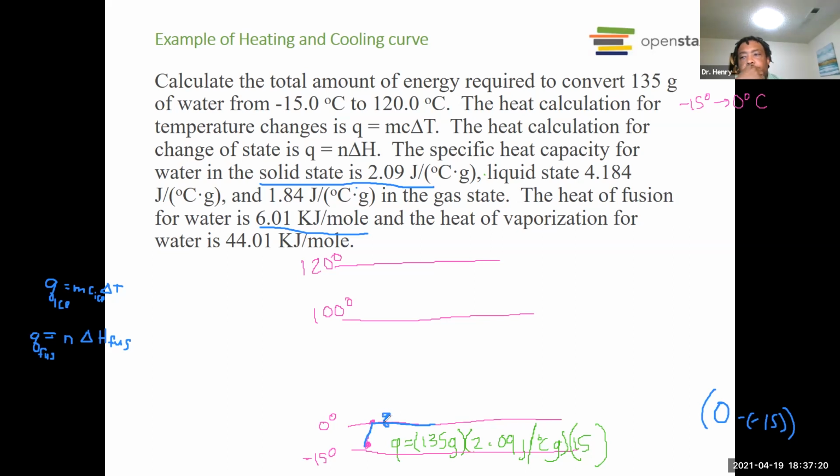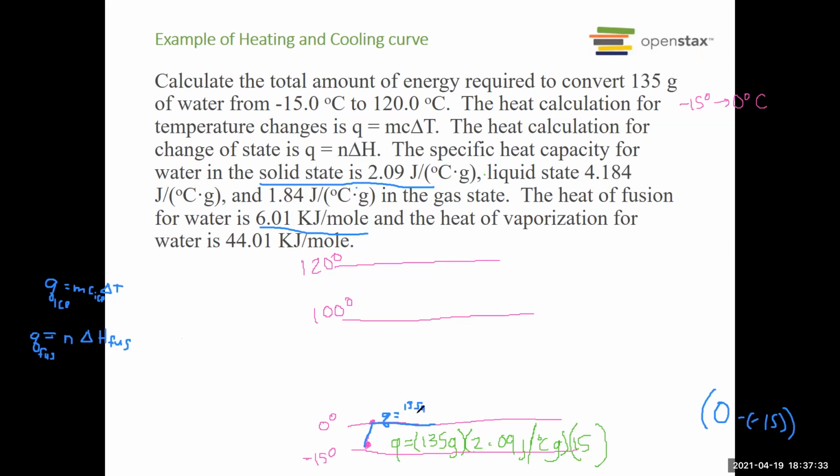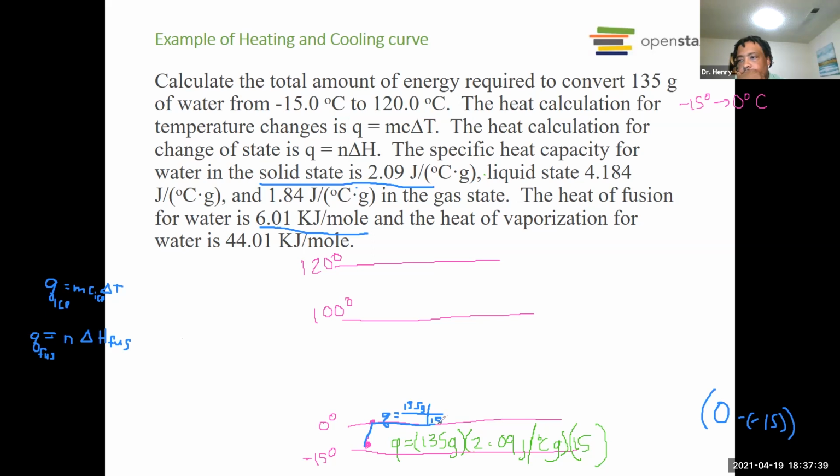So that's Q equals, how do I convert 135 grams of water to moles of water? By dividing it by the molecular weight. Okay, so we know water is 18 grams per mole.